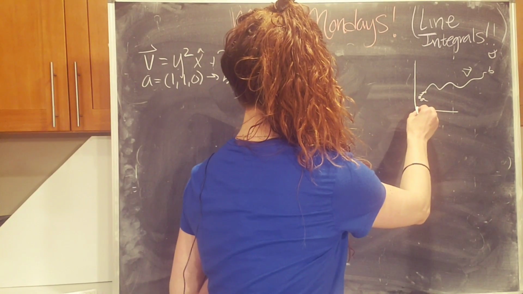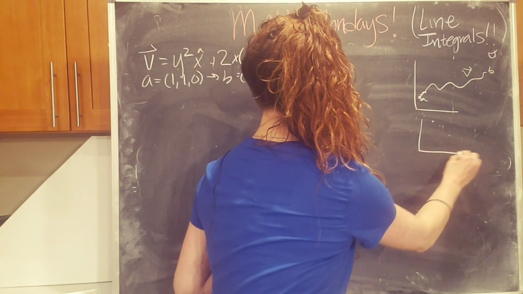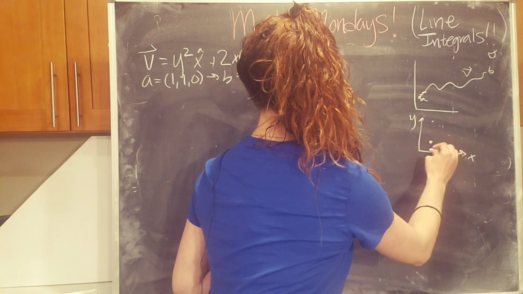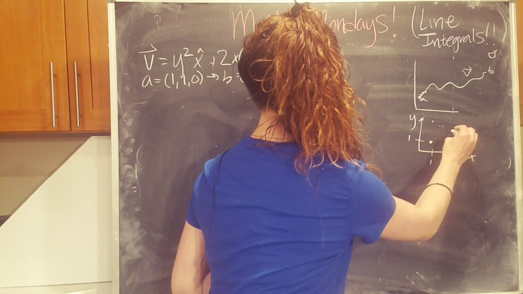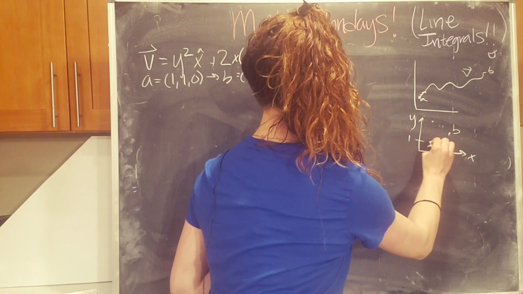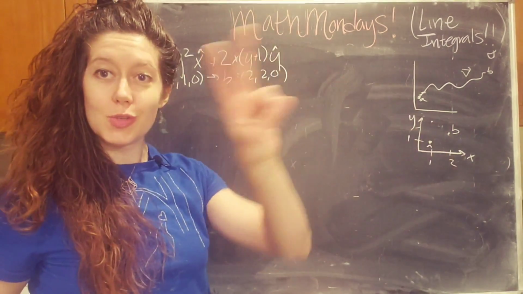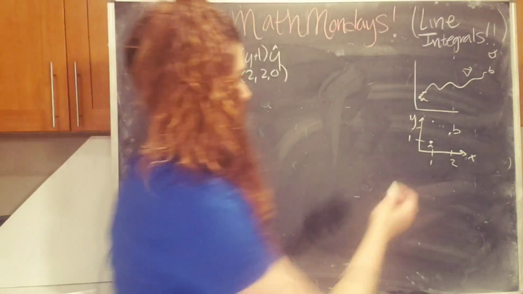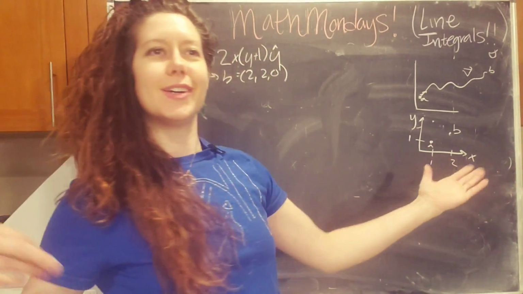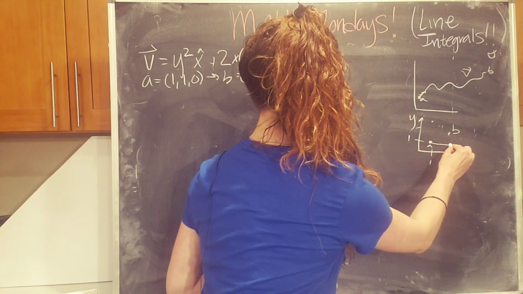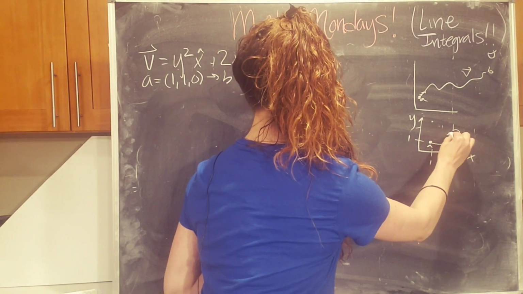So that would basically be like, if this is y and this is x, this is our point A at (1, 1). This is our point B at (2, 2). And we are going to take this approach in 2 ways. We are going to go the scenic route and go in the horizontal x direction first, and then up in the vertical direction.